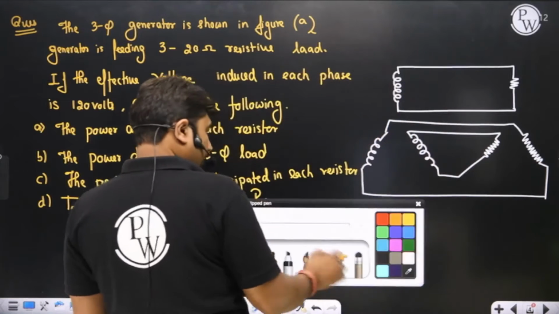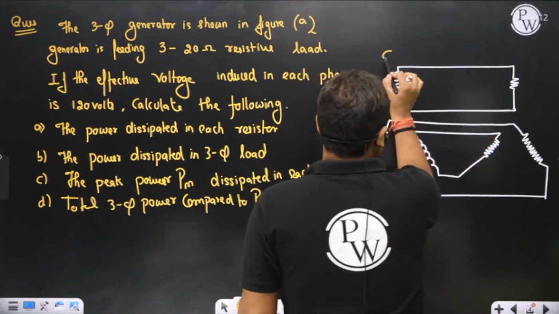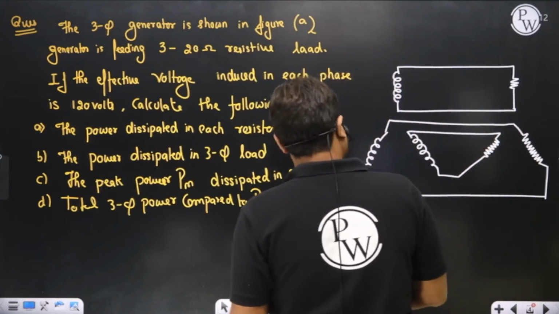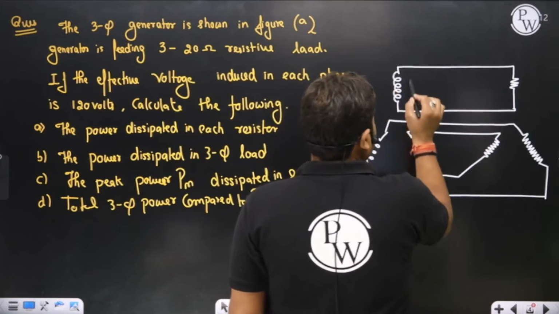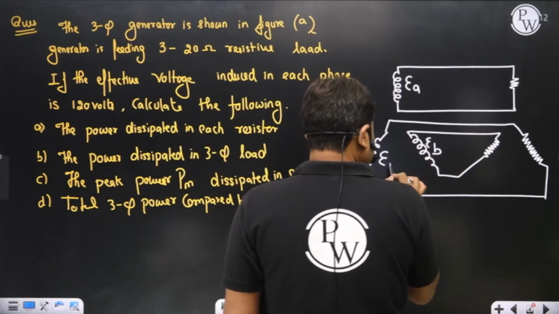So, in the figure it is given that this is your induced EMF EA, induced EMF EB, and induced EMF EC.